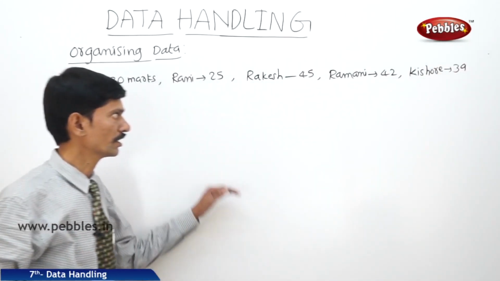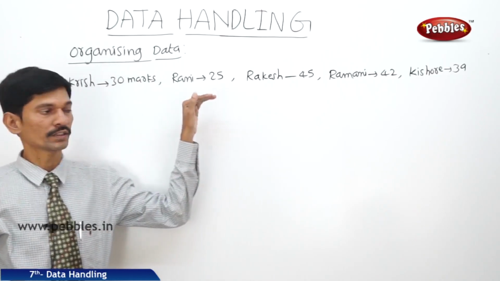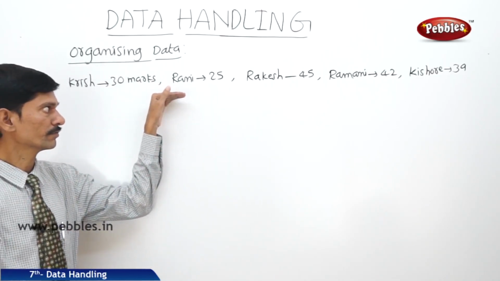Now, these are the marks of some students in a class conducted in a FA, formative assessment, out of 50 marks.